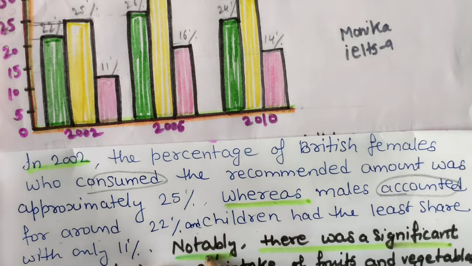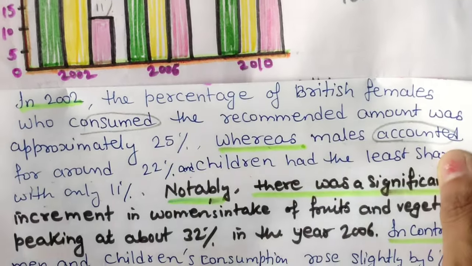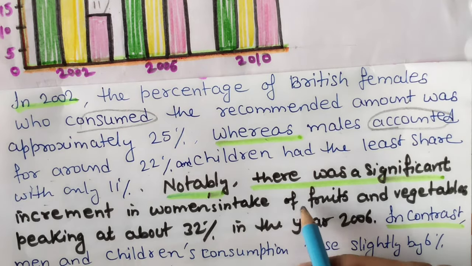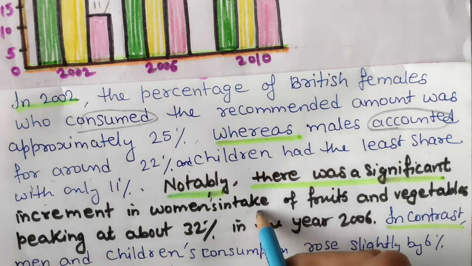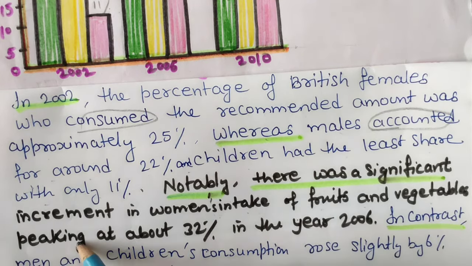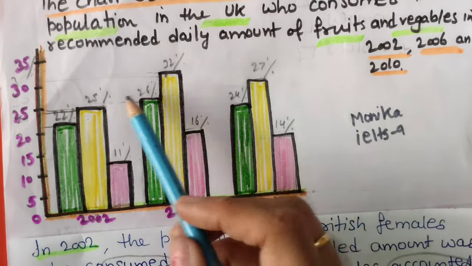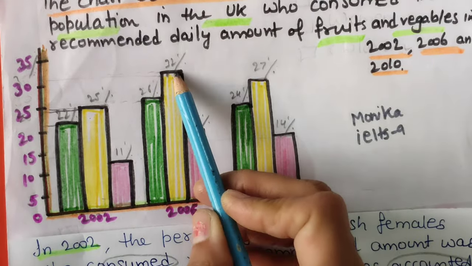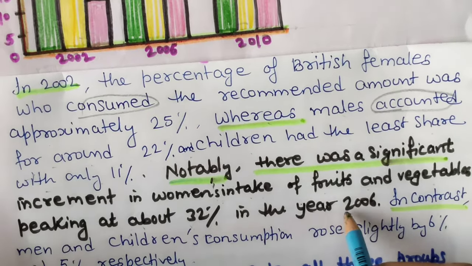Notably, there was a significant increment in women's intake of fruits and vegetables, peaking at about 32%. This is the highest data of women in 3 years, so that's why we have written peaking, in the year 2006.